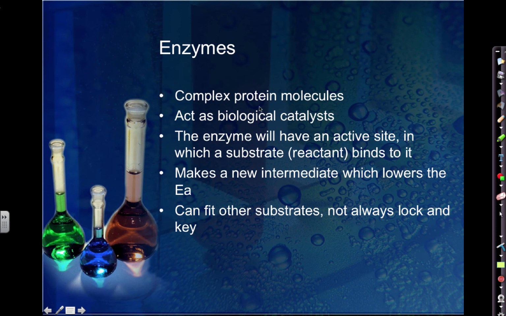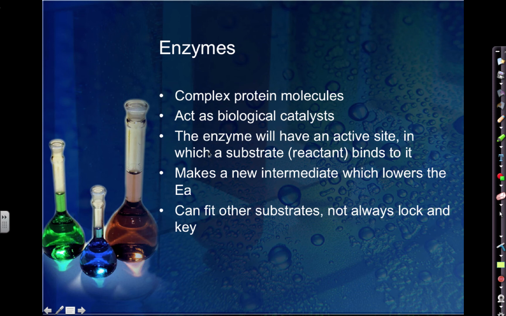All right, the last type of catalyst that you need to know about is an enzyme. These are protein molecules. They act as biological catalysts. So inside of your body you have millions of enzymes which allow you to function normally. Enzymes are used in DNA replication, to fix your DNA if something happens to it.